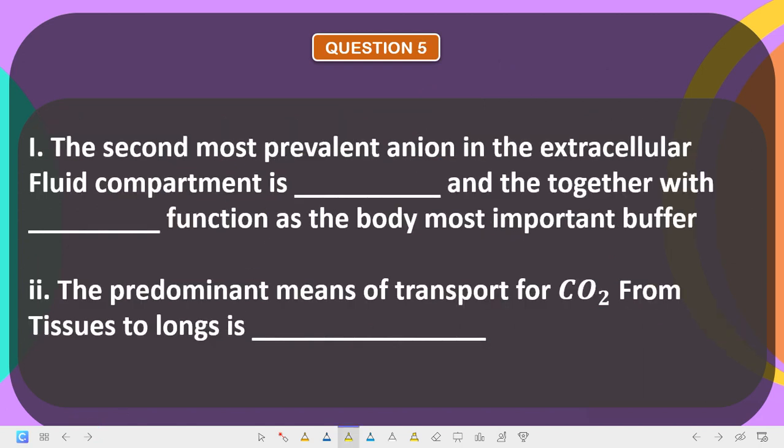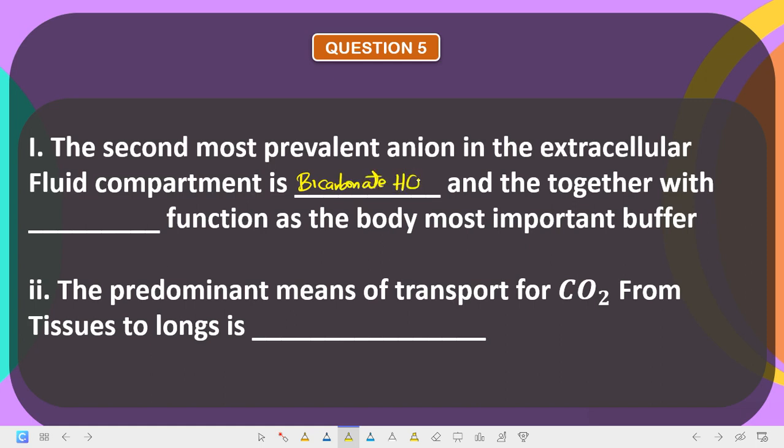The second most prevalent anion in the extracellular fluid compartment is, which of them is the second most prevalent anion? We have the bicarbonate ion. The bicarbonate ion is the answer.